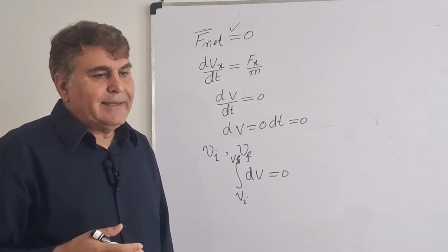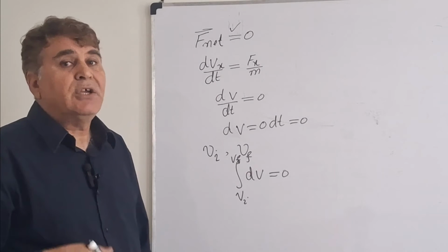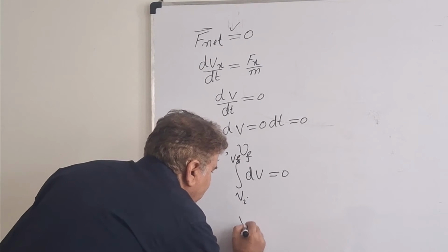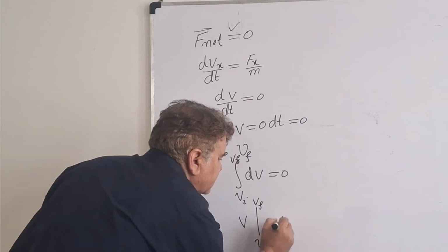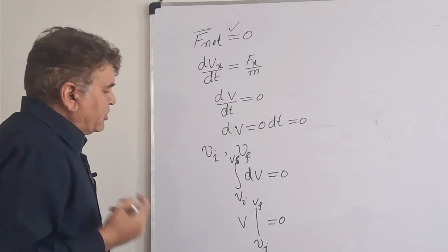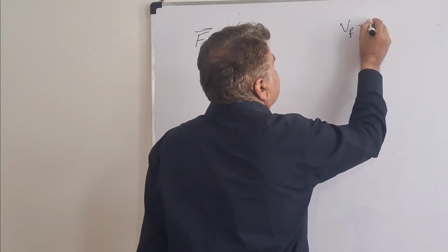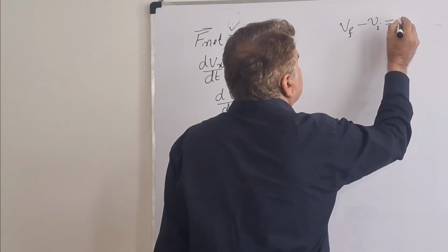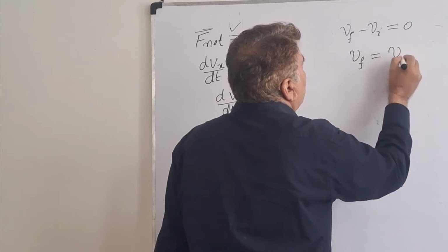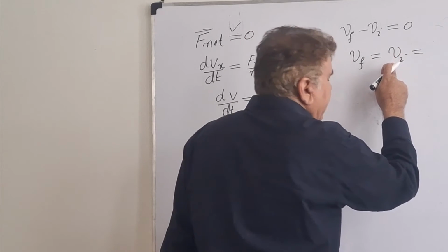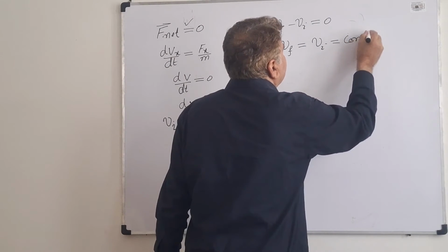We know from the formulas of integration that the result of this integral is velocity v, so I can write v from vi to vf equals 0. Putting in the limits, I can write vf minus vi equals 0, or vf equals vi, and since the initial velocity is a constant for the rest of the motion, I can write this as constant.